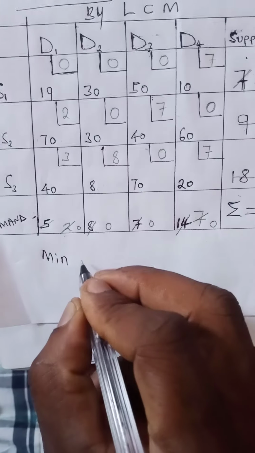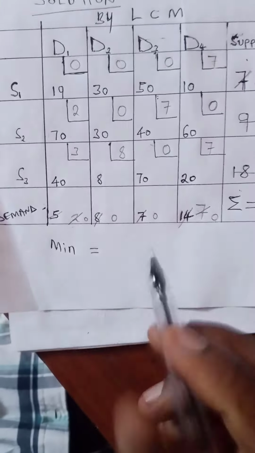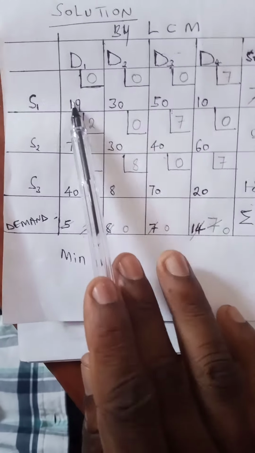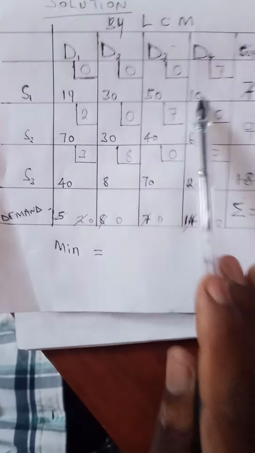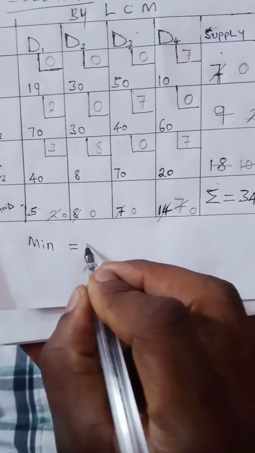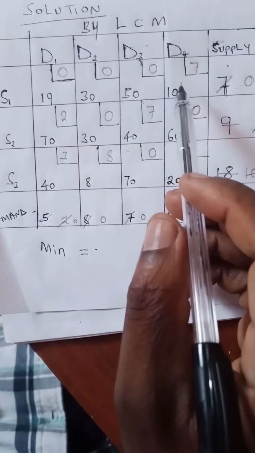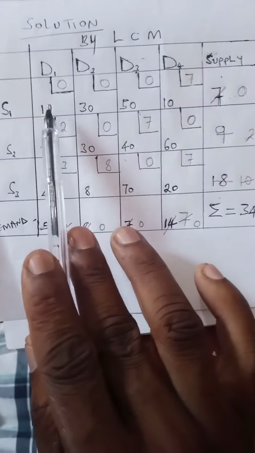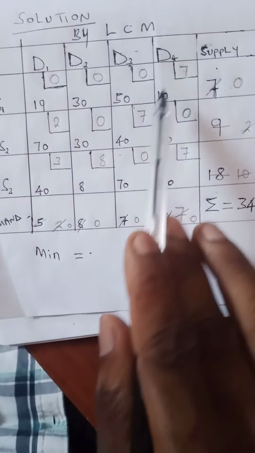So the minimum cost from the table above equals, you multiply this value times this, times this. So as you can see here at the first row, all of this becomes 0. As you multiply this, all of this becomes 0.